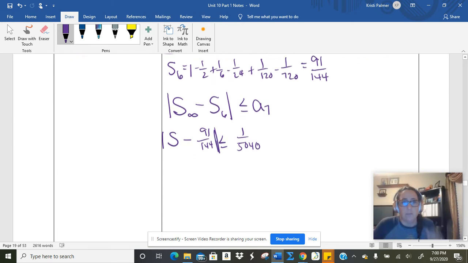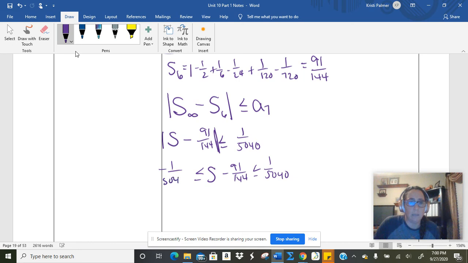So we can approximate what that sum to infinity is. Remember, we can get rid of the absolute value bars by negating. And then I'm going to add that to both sides, and make it a decimal so I can see a little easier what this is going to.